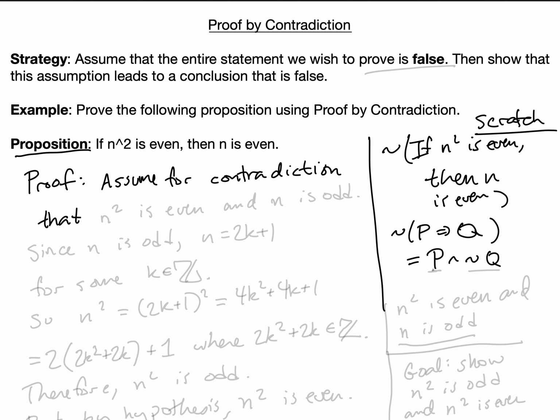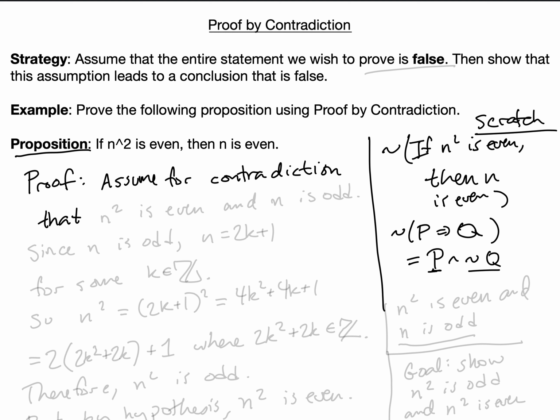Remember in the truth table for P implies Q, there's only one row where that statement is false, and that is when P is true and Q is false. That is the logical equivalence of the negation of P implies Q. You could also do a truth table for each of those and observe that that is the case.